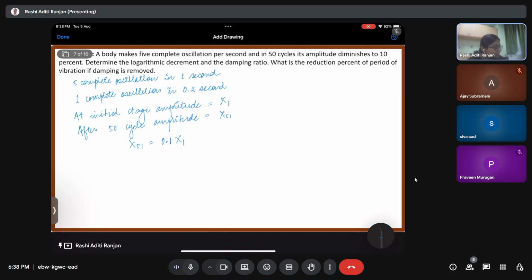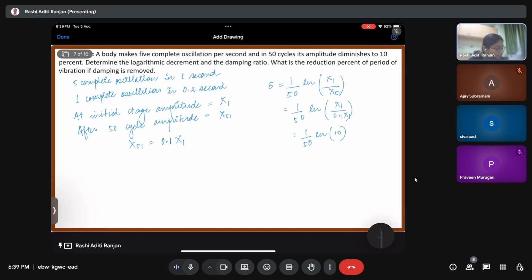Because delta for a system where we have the amplitude at the start and the end of 50 cycles can be written as 1 by 50 into ln of x1 by x51, which is 1 by 50 ln of x1 by 0.1 x1, which is ln of 10 divided by 50.